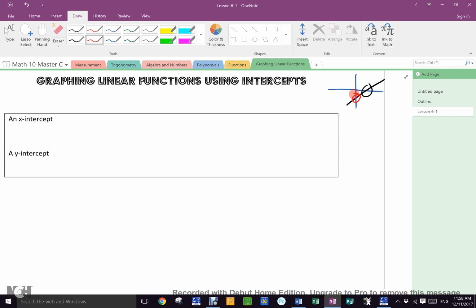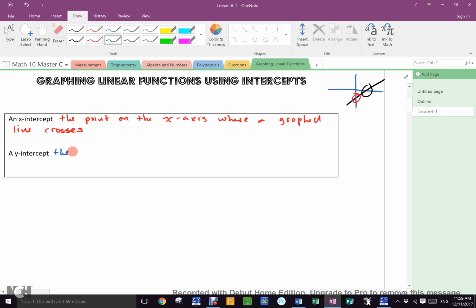All right, now. So the x-intercept is the point on the x-axis where a graph line crosses. Okay, so smart kids, what's the y-intercept?